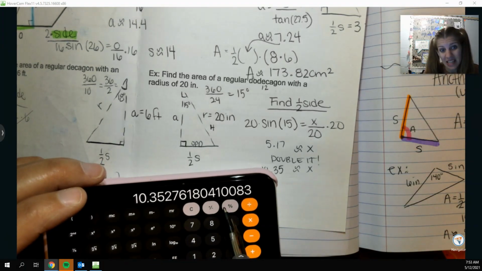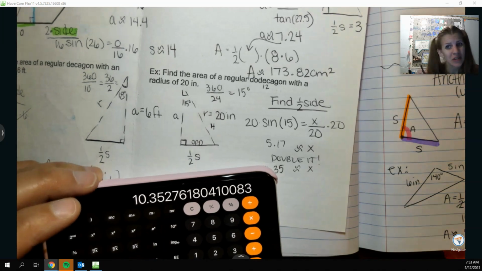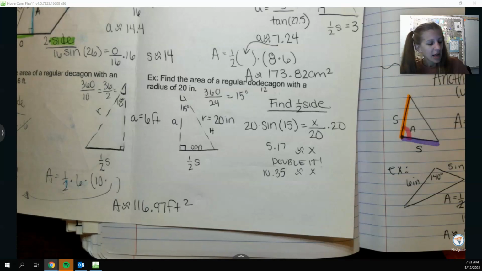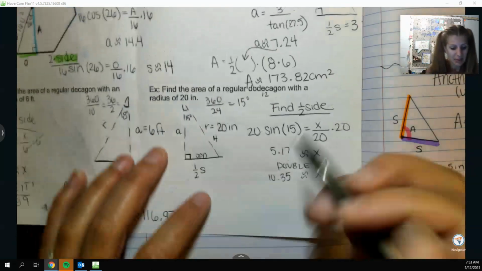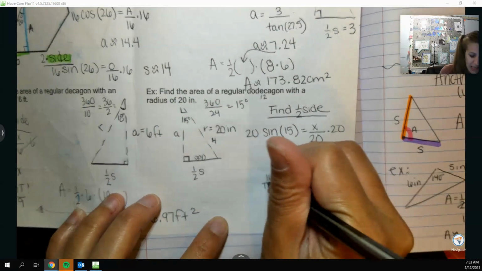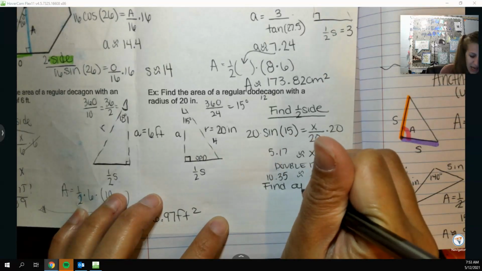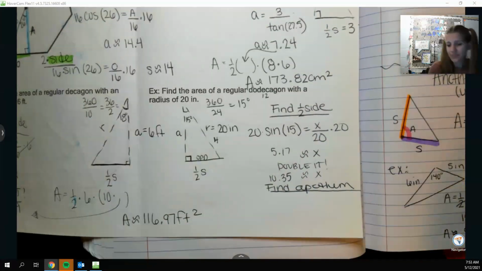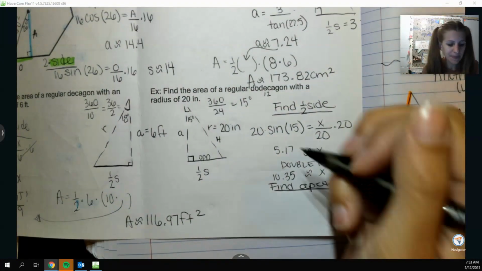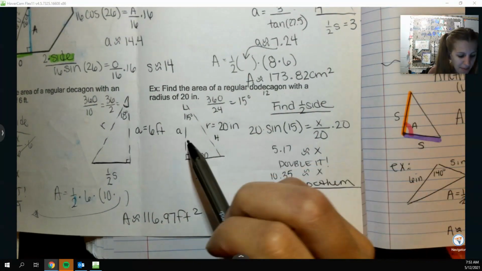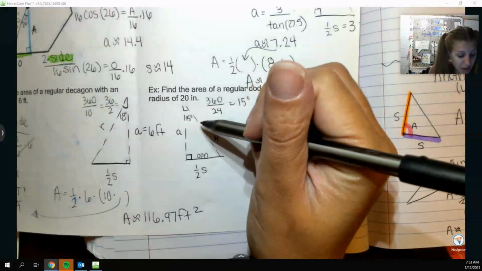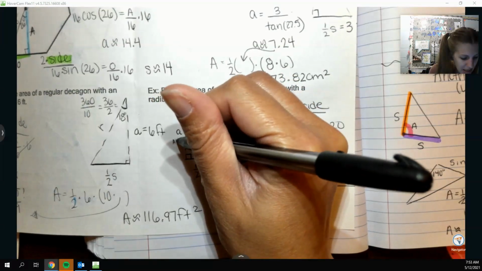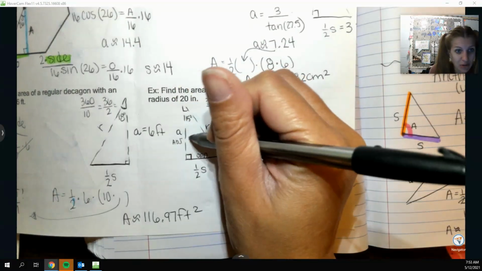Now, the real struggle here is because I'm going to have to use trig again. I personally can't really keep this on my iPhone calculator. If you're using a better calculator, you might be able to keep it all in one spot. But I had to delete that because now I have to go find the apothem. And that's going to require a different trig function. So to find the apothem, looking back at my right triangle, the apothem is adjacent to my central angle.